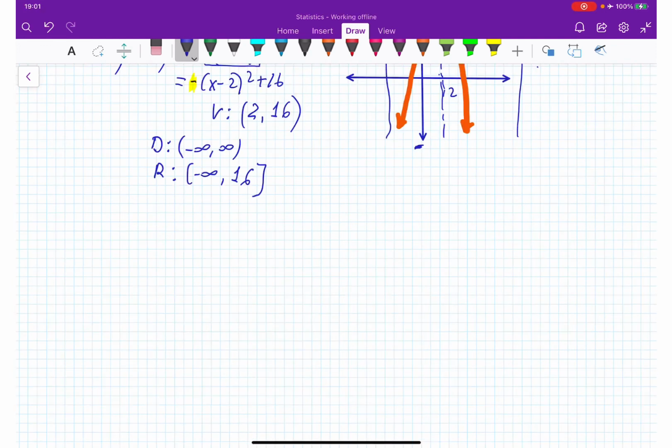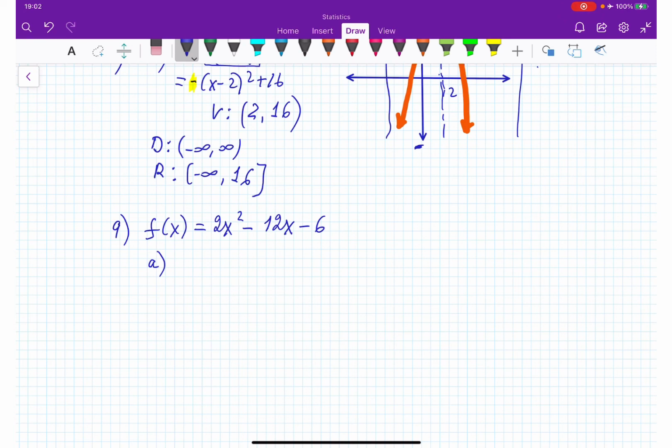Question number 9. We have f of x is equal to x squared minus 12x minus 6. So, question A, determine without graphing whether the function has minimum value or maximum value.